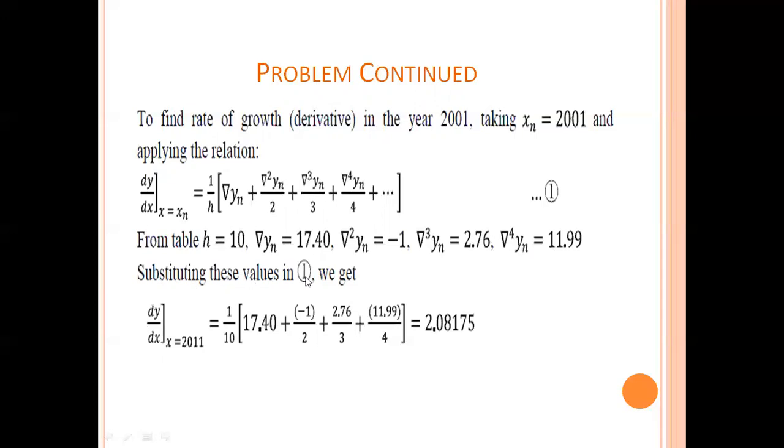Substituting these values in equation 1, we will get dy by dx at x is equal to 2001 is 2.08175. Therefore, the rate of growth in the year 2001 is 2.08175.